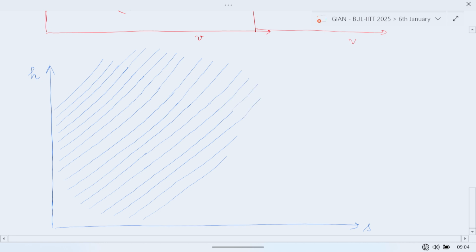Okay, so here this is the low pressure, this is the high pressure. This is the low pressure, this is the high pressure.